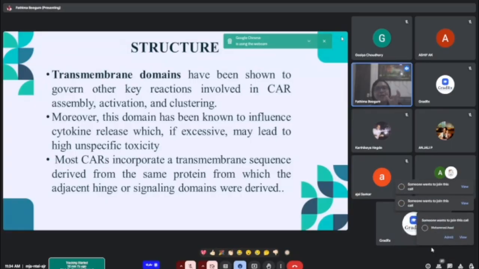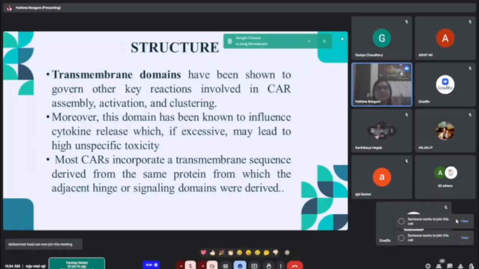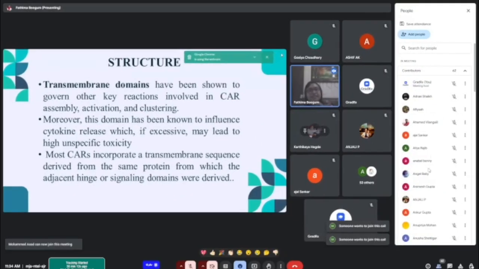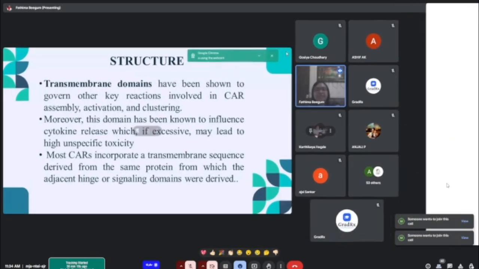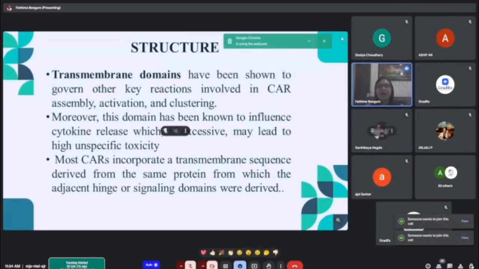This transmembrane domain is responsible for the release of cytokines, and these cytokines will activate the T cells, and will selectively kill the tumor cells, or if we are talking about autoimmune disorders, the autoantibody producing cells will be killed, destroyed by these cytokines. Then the CARs are also derived from the same proteins that our spacer or hinges derive from, either IgG or CD8, CD28, etc.